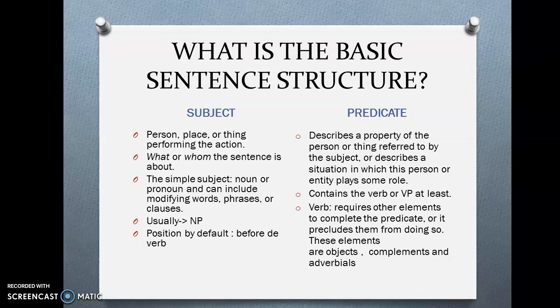That means, do I require an object? Do I require a complement after my verb? That's why it's the most important element in the predicate. And also because the verb carries the semantic content.